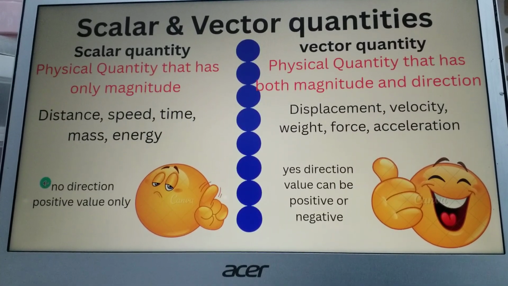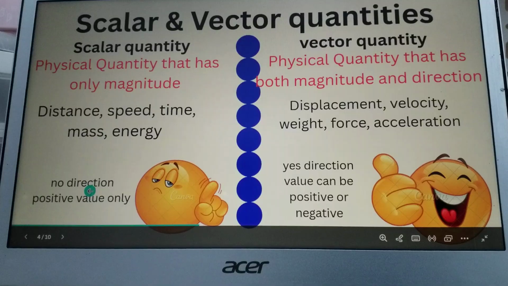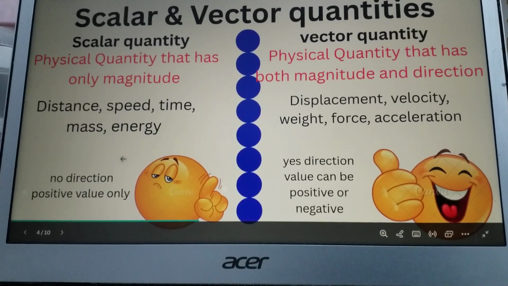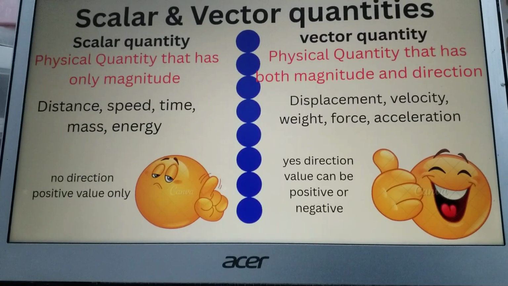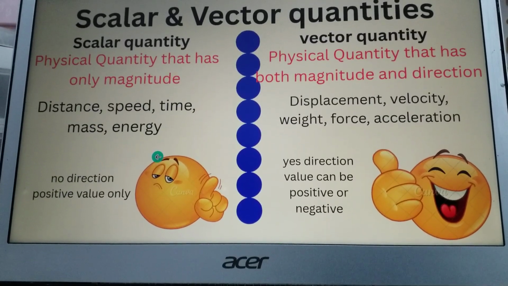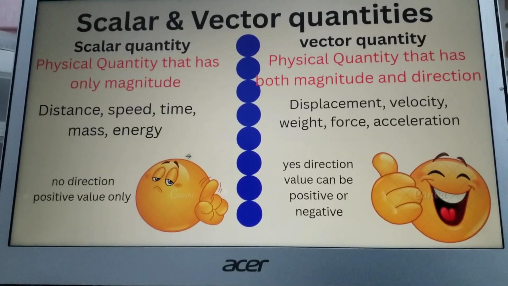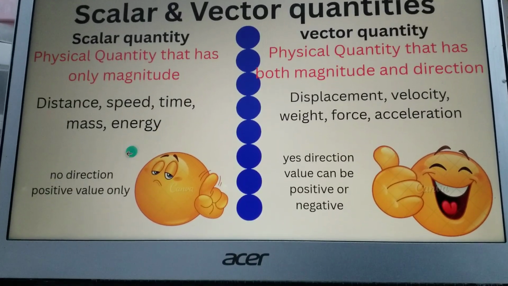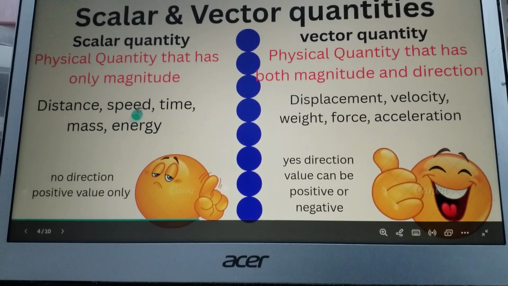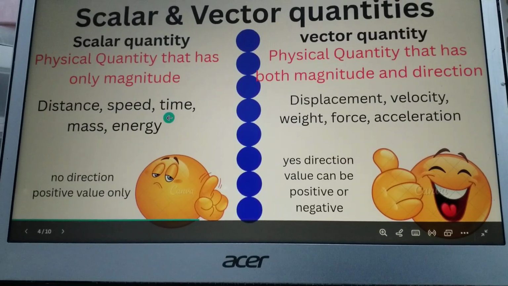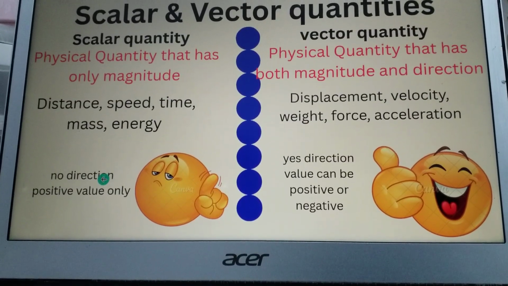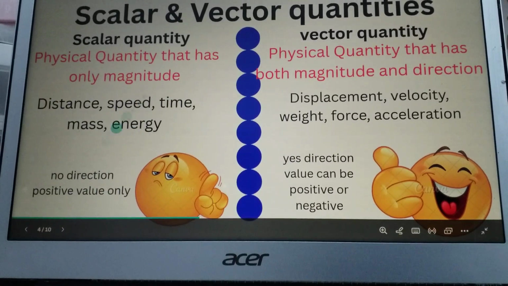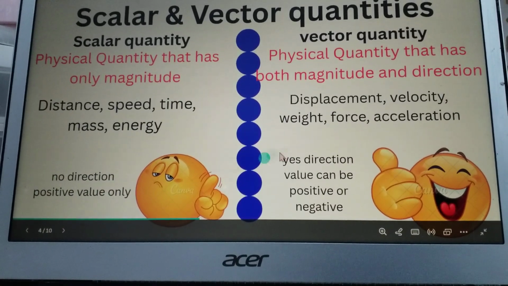So basically, scalar quantities show no direction, and the value is always positive, because in physics they use the positive and negative sign to show the direction of the quantities. A scalar quantity has only magnitude, so you don't need the negative sign to show direction. So a scalar quantity is a positive value only.